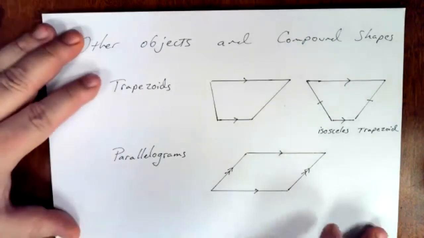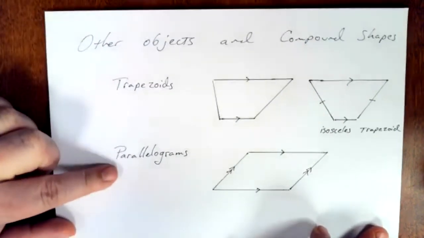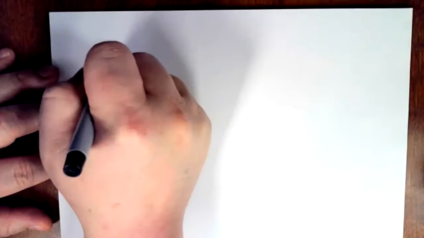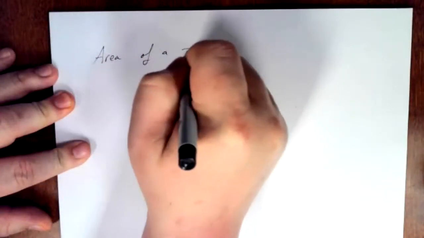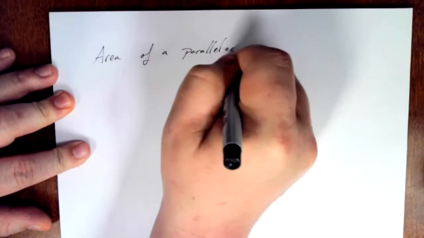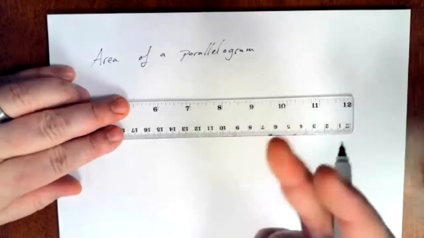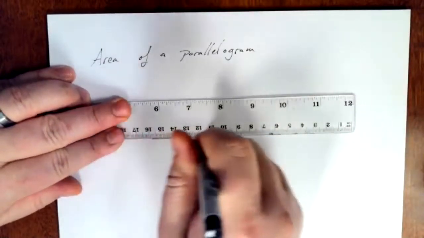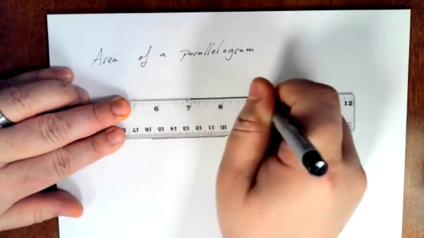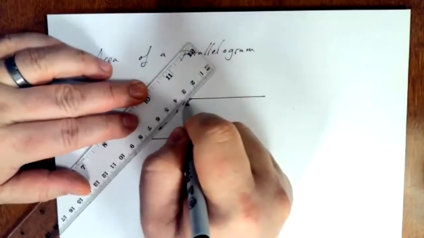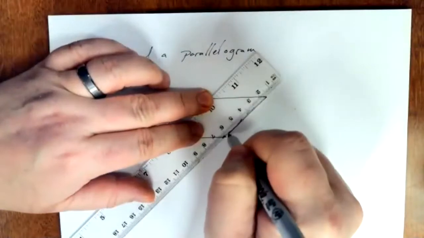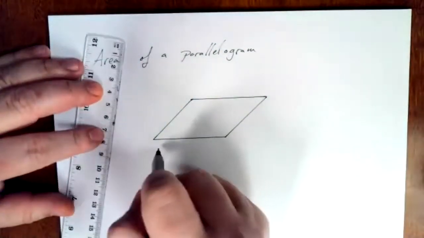So I wanted to first talk about a parallelogram. If I want to find the area of a parallelogram, there are two pieces of information I need. I need the base.